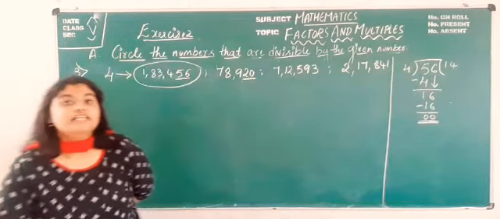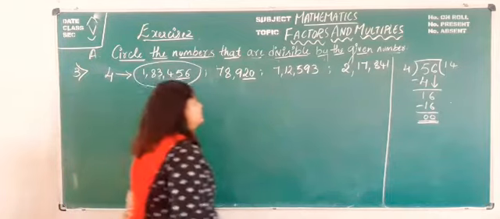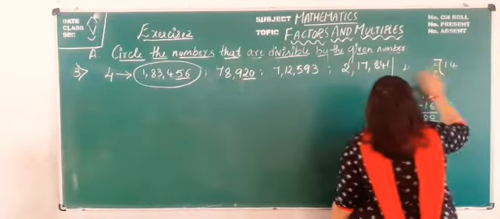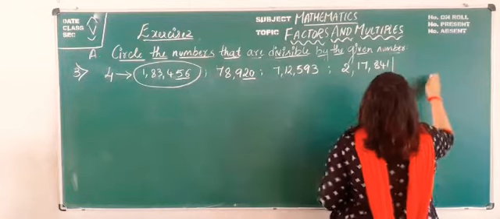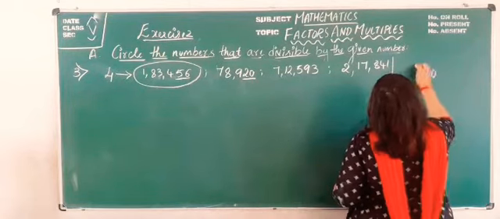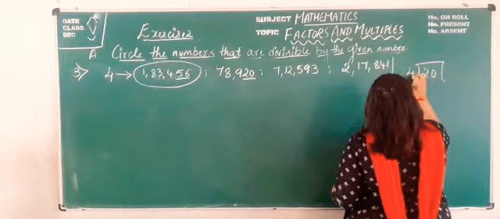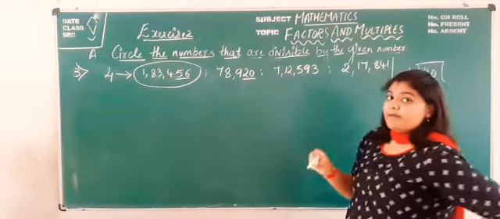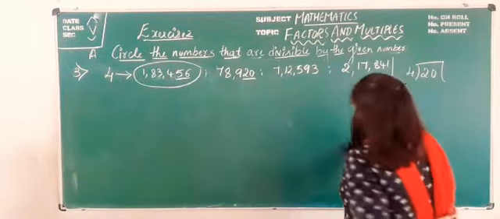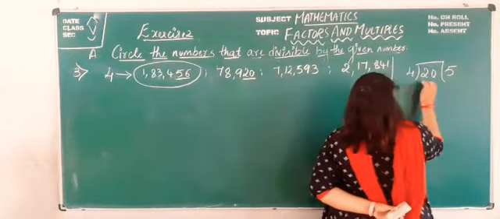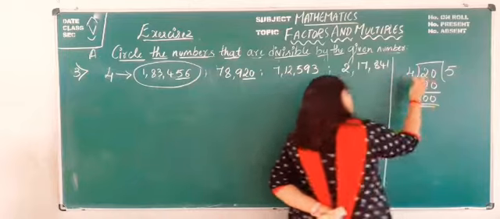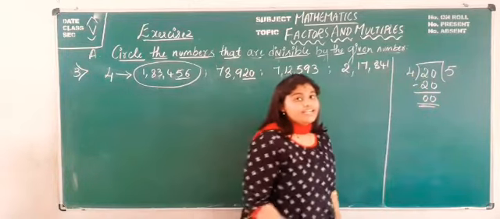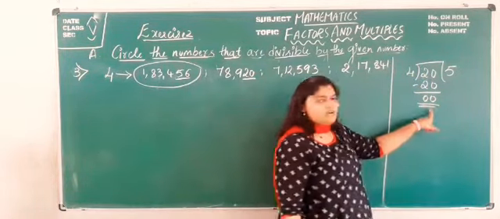The last two digits are 20. Is 20 divisible by 4? Yes, children, 4 fives are 20, so 4 divides 20 exactly because we got 0 as the remainder.